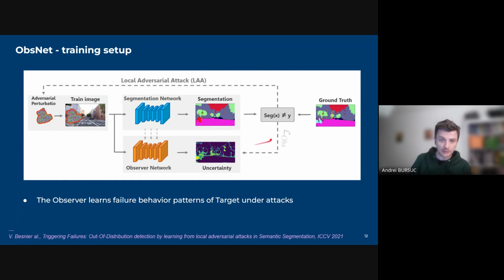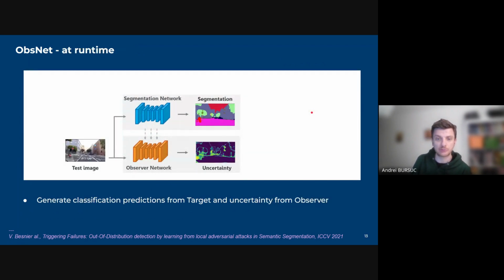So in a first stage, we train the segmentation network to do the segmentation, and then in the second stage, we apply adversarial attacks to the input image, such that the segmentation network will be fooled, and this gives us a segmentation map of supervision to align the uncertainty predicted by the observer network with the errors that will be at the output of the segmentation network.